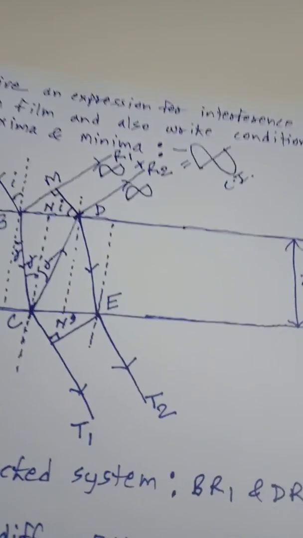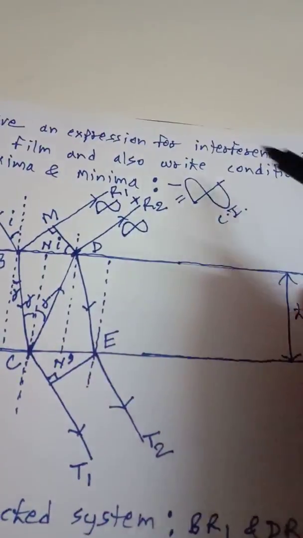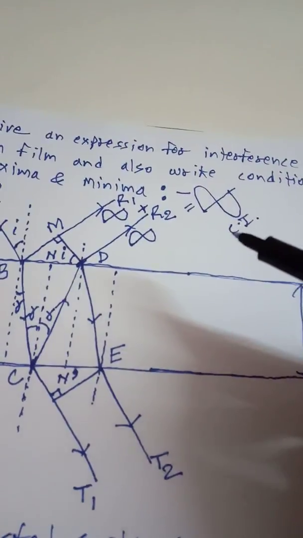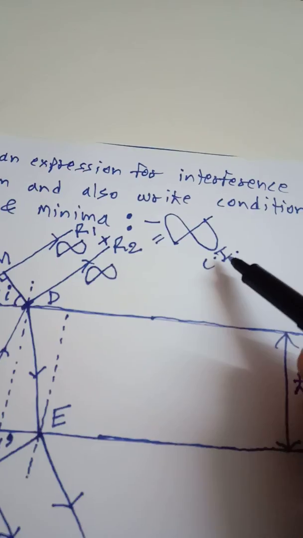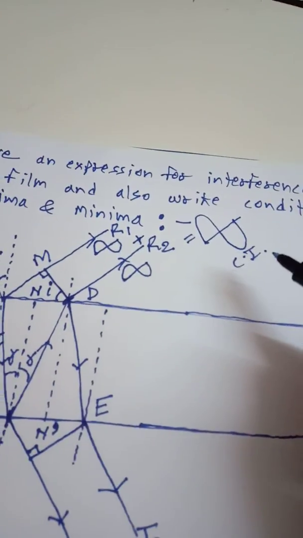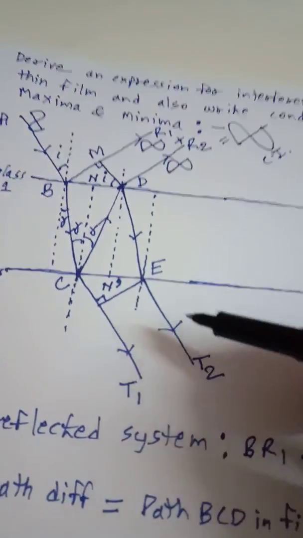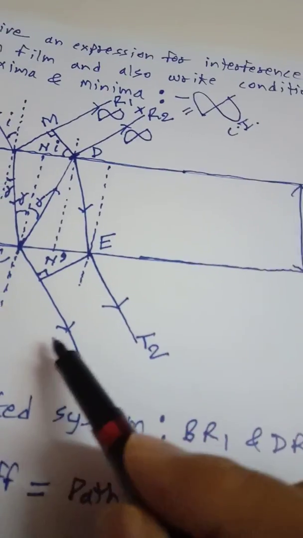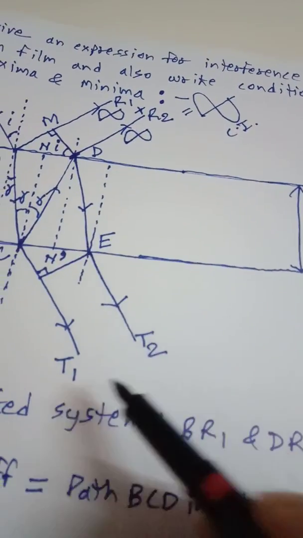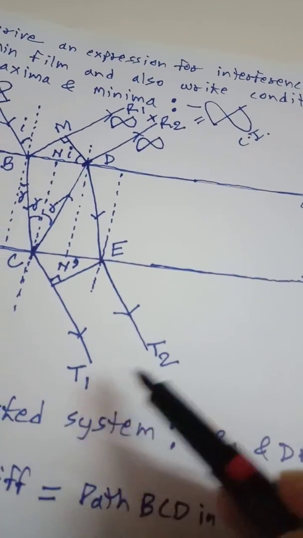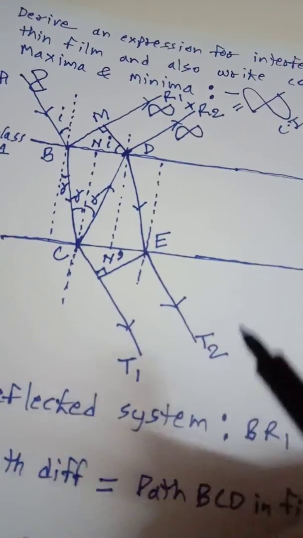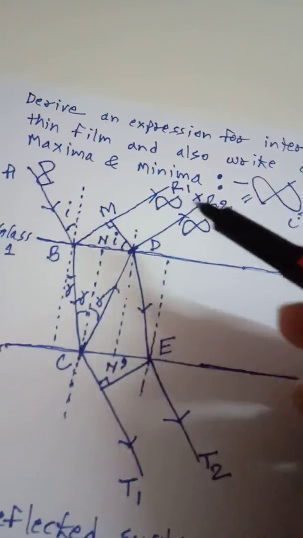So that is what we need to find out, the conditions, whether it is a constructive bright point or destructive. In the same way it also takes place in the transmitted system, crest and trough, and they can also produce constructive or destructive interference, but we are not interested in the transmitted system, we are interested only in the reflected system.